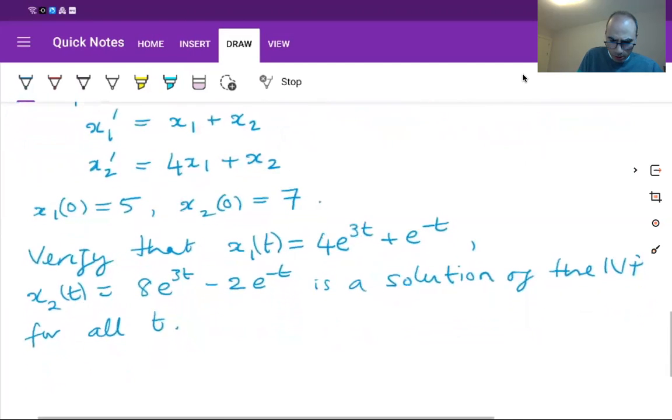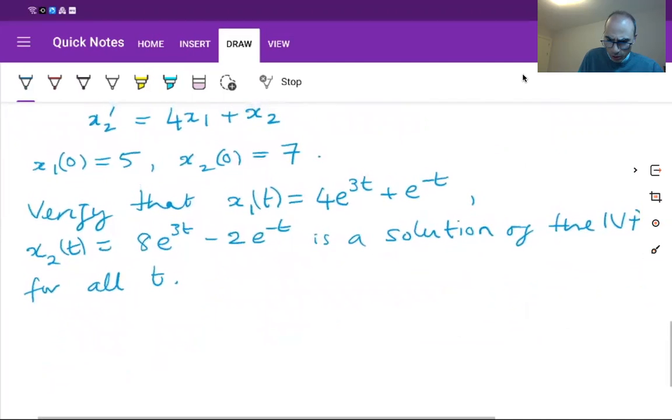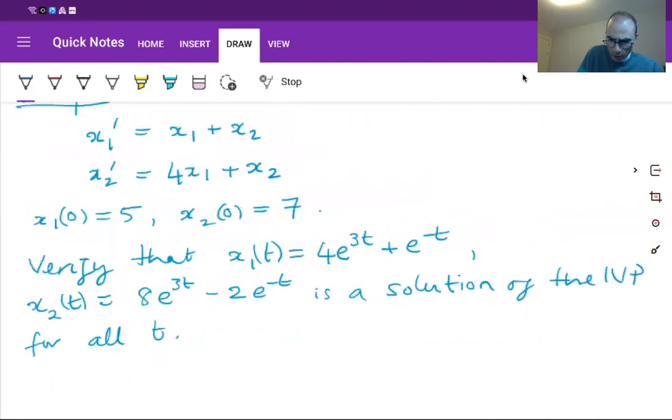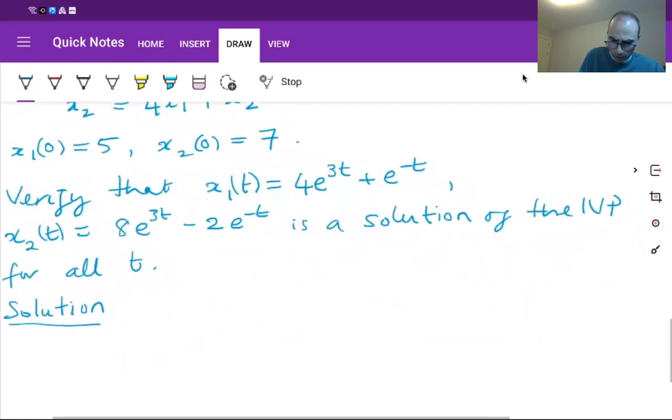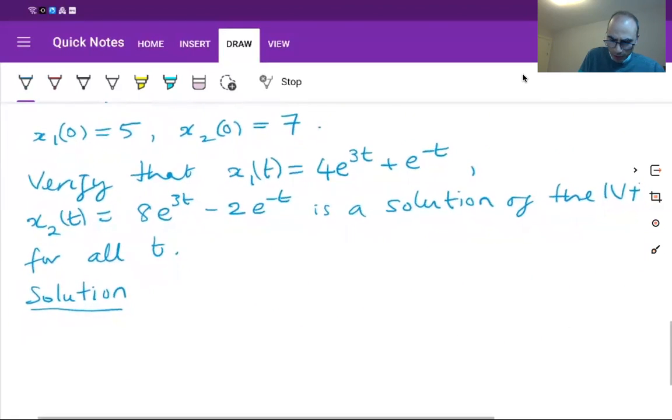Okay, so how would one check something like this? In fact, one would just substitute x1 and x2 and check that it satisfies those differential equations. So let's just do that. Let's take our x1 and x2 and substitute them into our differential equations.